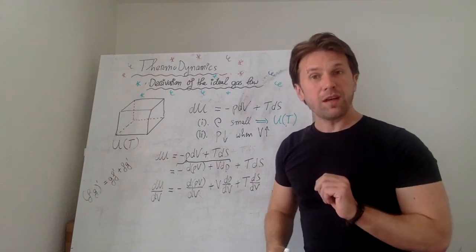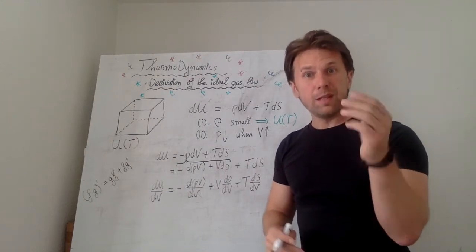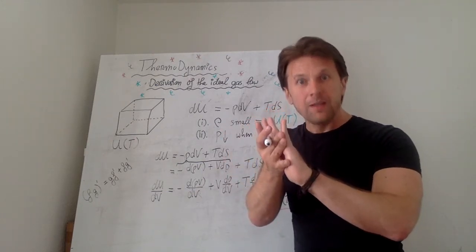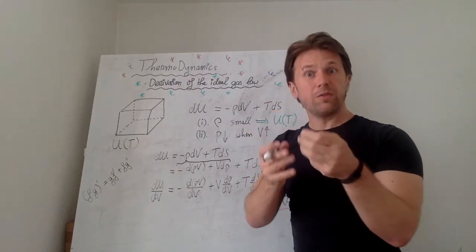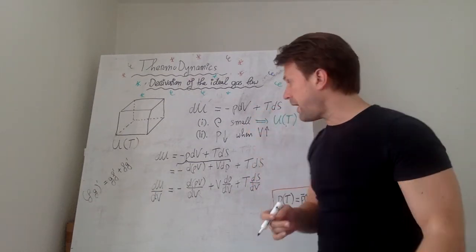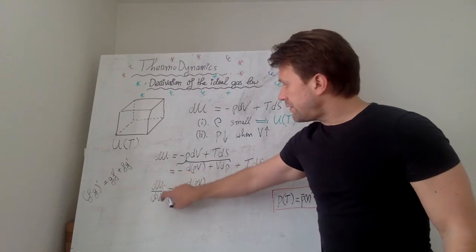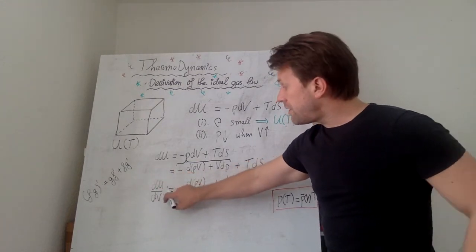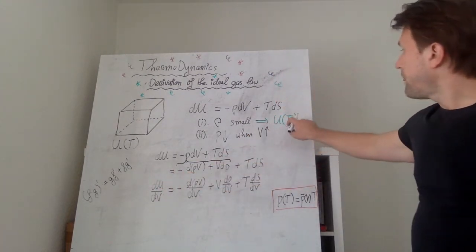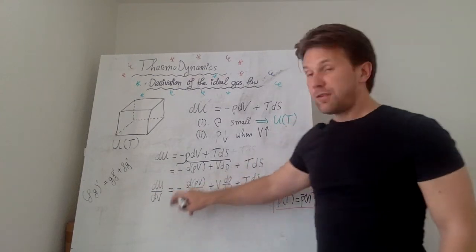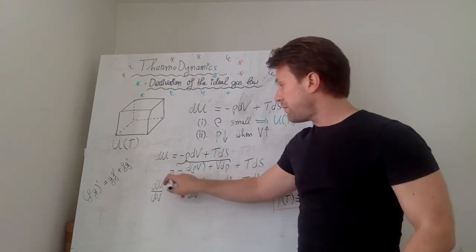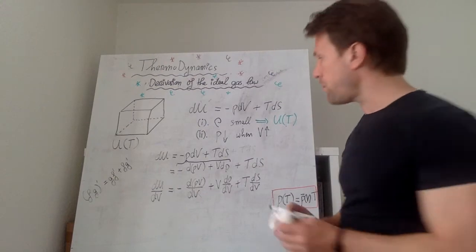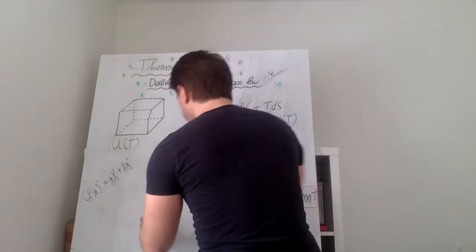I want to stress one more time, because dV's and dU's and dP's are all very small numbers, fractions, ratios, are just derivatives, so the same rules apply. In other words, this fraction really is a derivative, and we saw before that the energy only depends on temperature, and therefore the derivative with respect to the volume is 0. There we go.